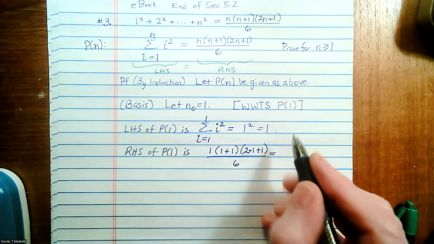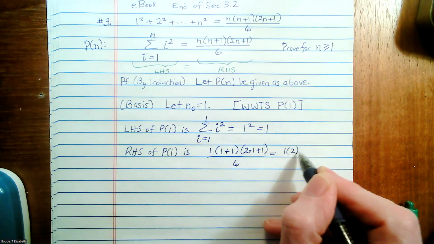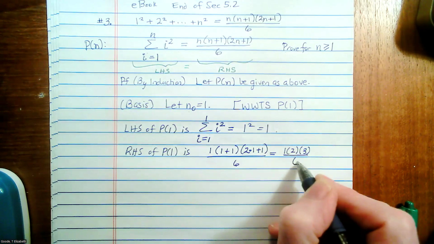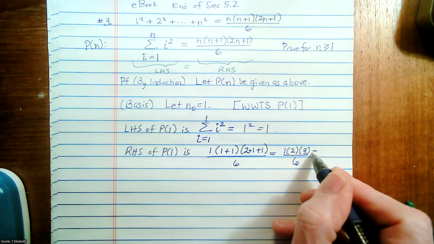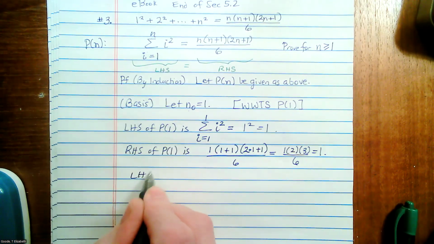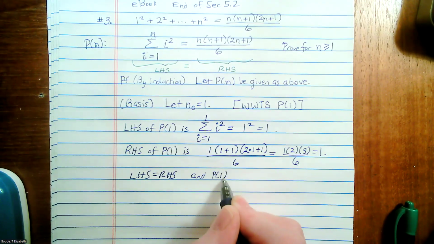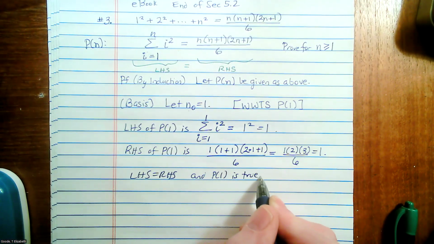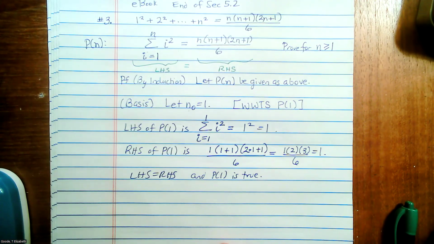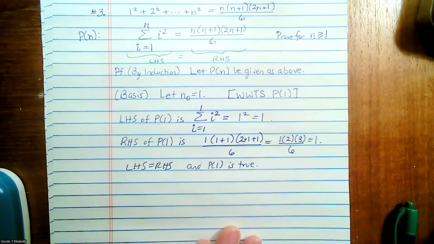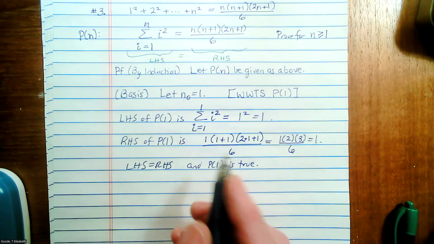So it's 1 times 2 times 3 over 6, and 6 over 6, of course, is 1. So the left-hand side equals the right-hand side, and P of 1 is true, or P of 1 holds. You can say it either way. So we got our basis. We are sitting or standing on that bottom step of our stairway.